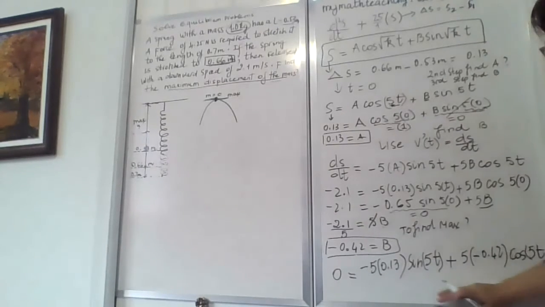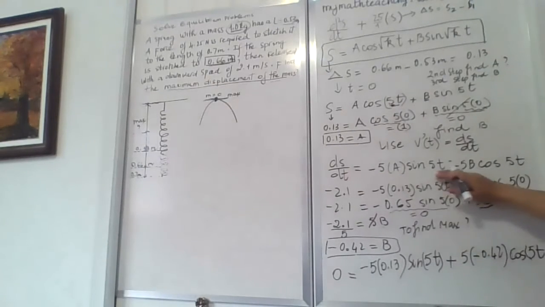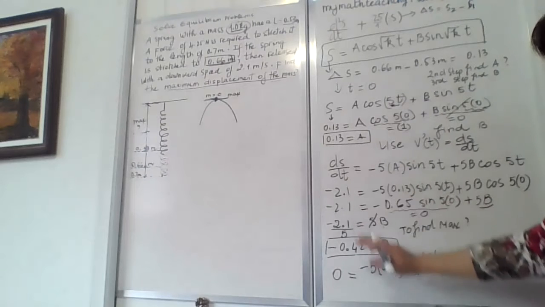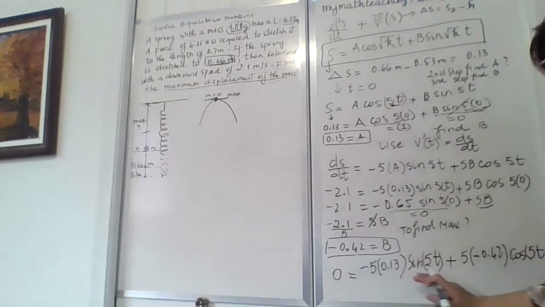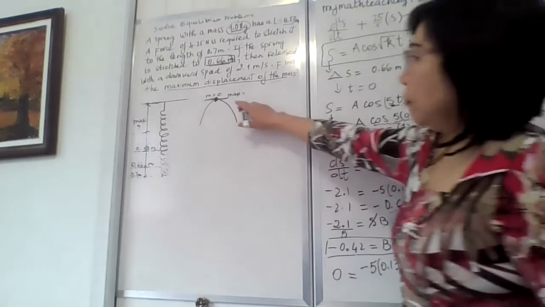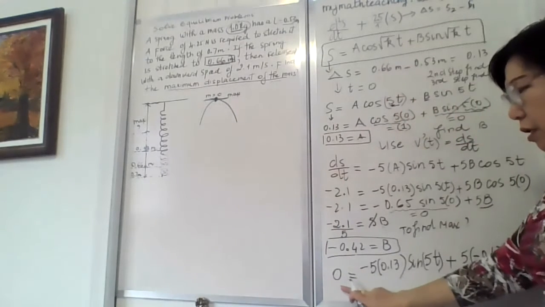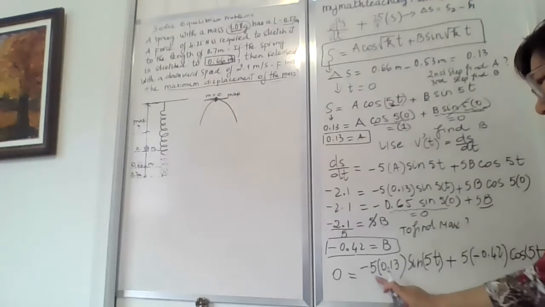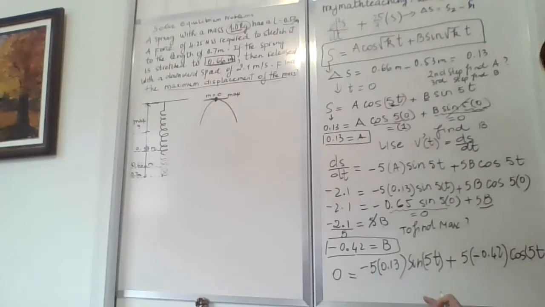And this is our derivative function, ds over dt. And we already know A, we already know B, so what we do is substitute the B and the A into here. So at maximum level, the derivative here equals 0. So we set left side equals 0. Now we can solve this equation.